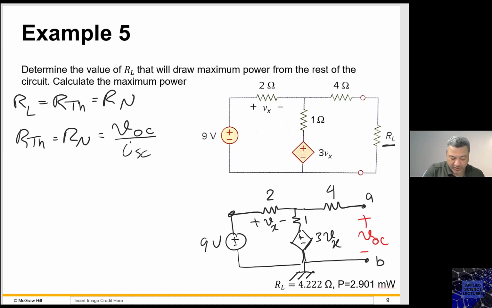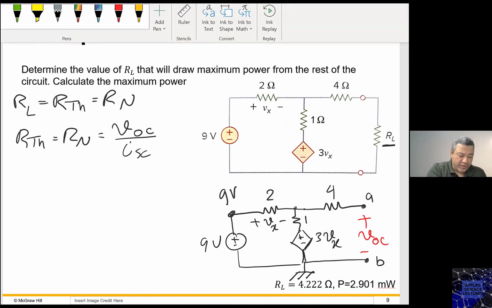Why? Because in this node the voltage becomes known. This is 9 volt. So I only need to write the nodal equation right here.